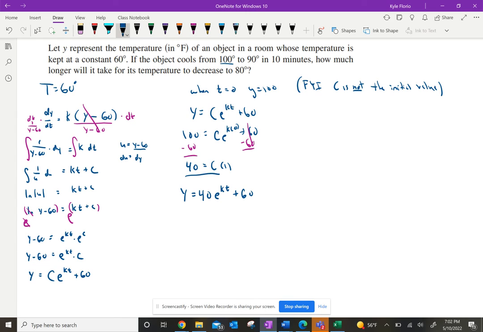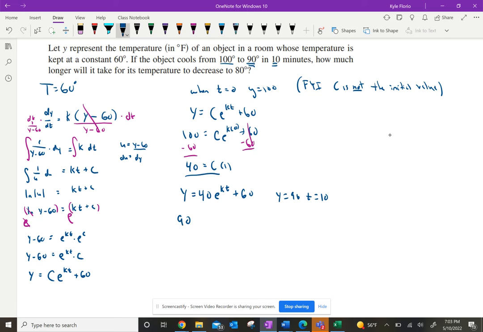So not the initial value, but using when y equals 100, t equals 0, we're able to find what c is. Now, if I can find out what k is, then finding out when the temperature is 80 is going to be just an equation where we solve for t. So using the other piece of information, that the temperature is 90 after 10 minutes, y equals 90 when t equals 10.